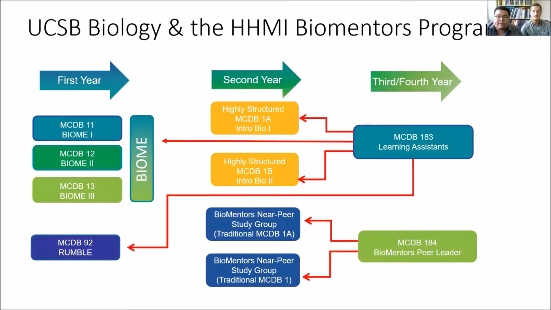For the Biomentors program, we use MCDB 184 credits for the students that are volunteering to help, and for the other courses, we have another code, MCDB 183, for them to receive for participating in things like Biome, Rumble, or the intro courses.